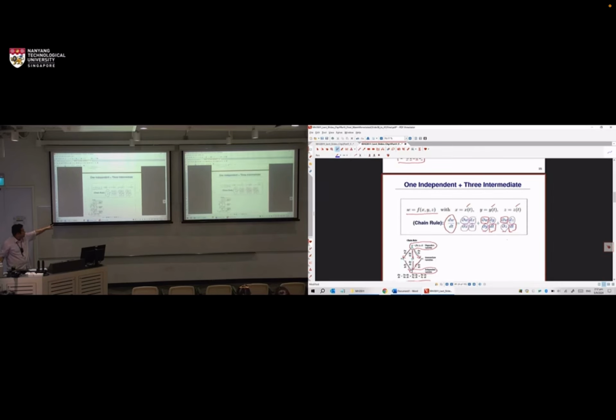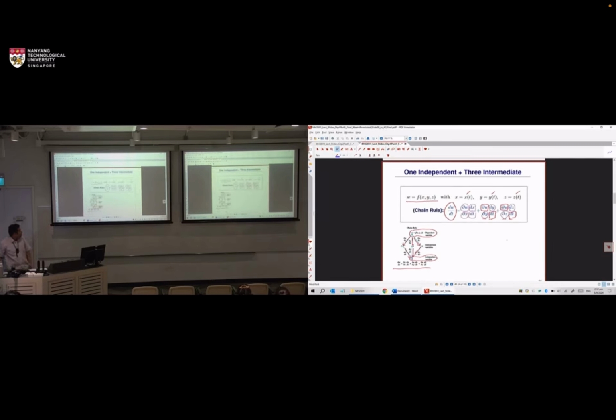Let's move on. Now we move on to one independent, three intermediate. The example is given there. W is equal to f of x, y, z. x equal to x of t, y equal to y of t, z equal to z of t.